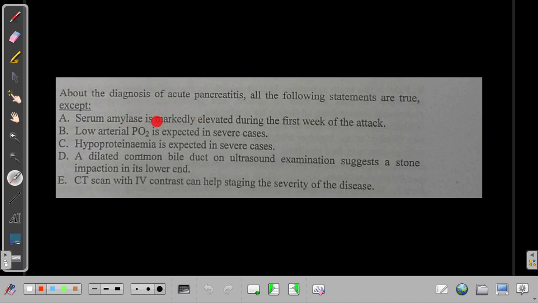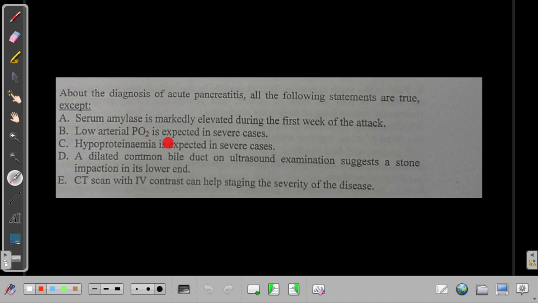But what remains elevated is serum lipase. Serum lipase will be elevated within hours and will remain elevated for 1 or 2 weeks. But serum amylase will be elevated for 2 or 3, maximally 4 days. Okay? This statement is wrong. The rest will be true.